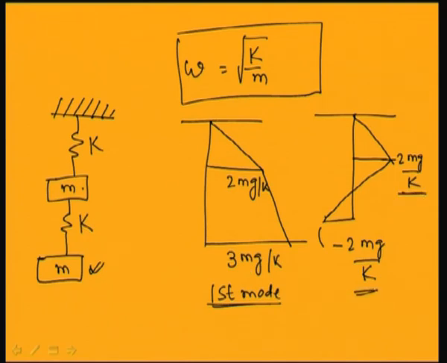By choosing it in this way, I can write the kinetic energy and the potential energy of the system. T max, the maximum kinetic energy, will be equal to half m1 x1 dot square plus half m2 x2 dot square. The maximum velocity will be equal to a omega.